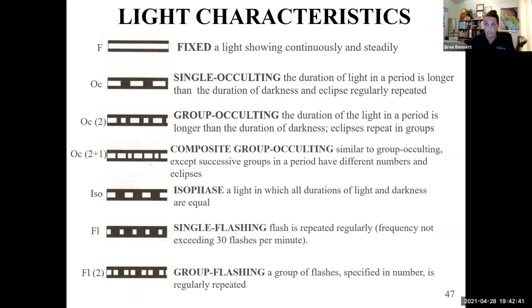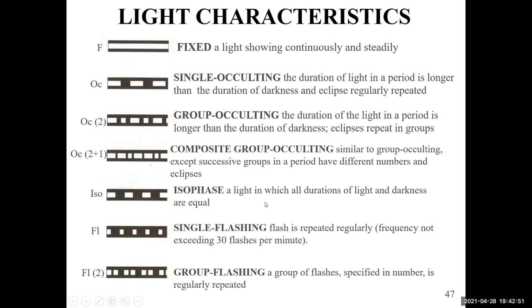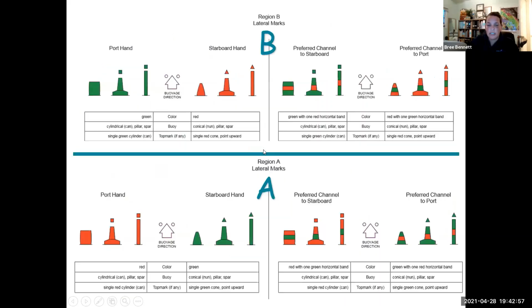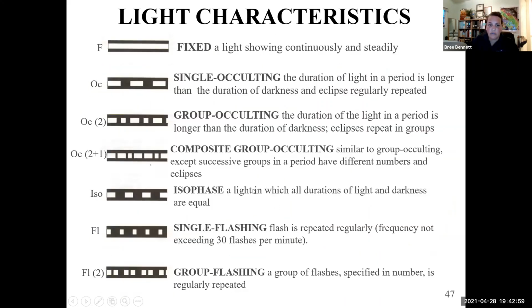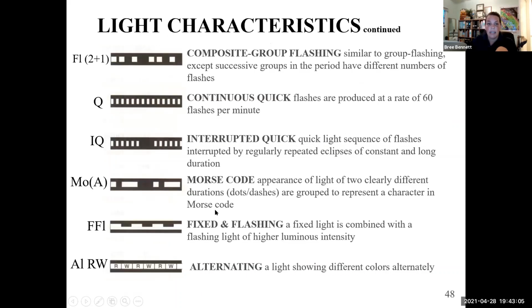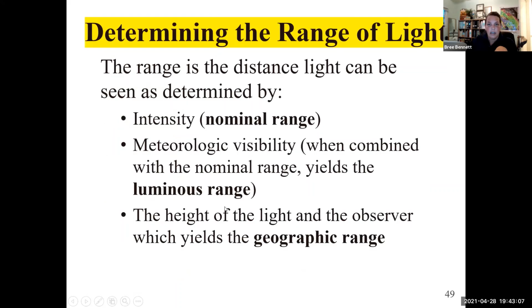So you should see it in Chart 1 because the chart is telling you the characteristic, but it's also in the light list as well. So if on the light characteristic you see something that you don't recognize or don't really know what that is, you can look it up and see what the timing is of it.